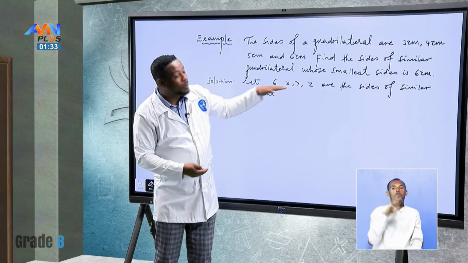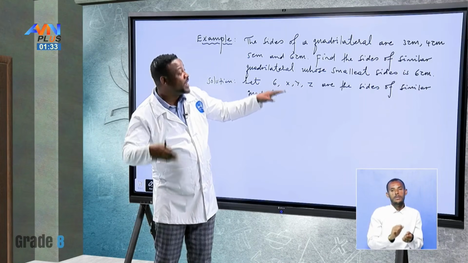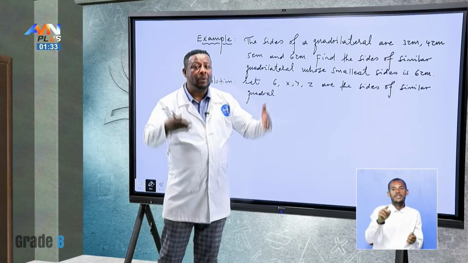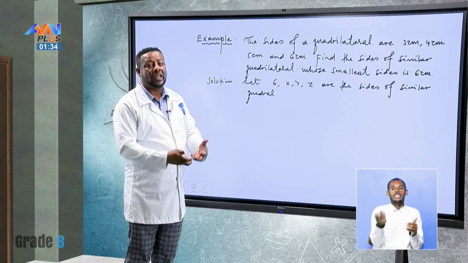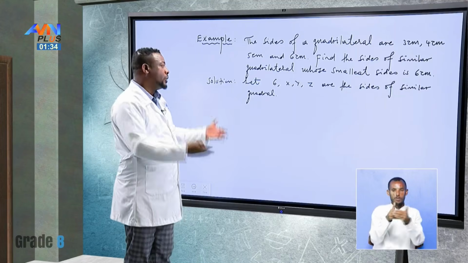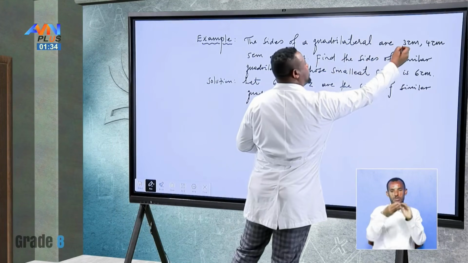If we are able to represent the unknown sides by x, y, and z, the next step is we need to equate the pairs of the ratios of corresponding sides. So that means the smallest one here is 3.